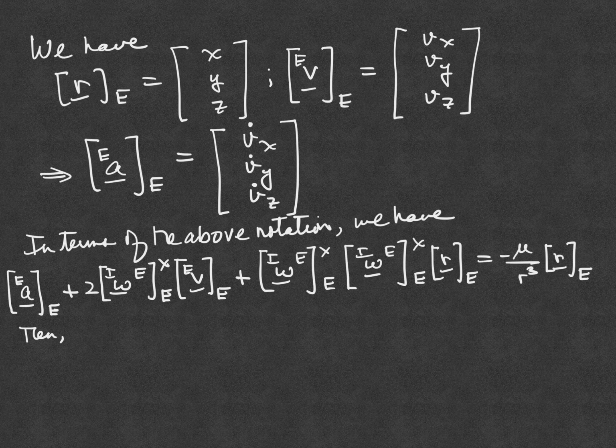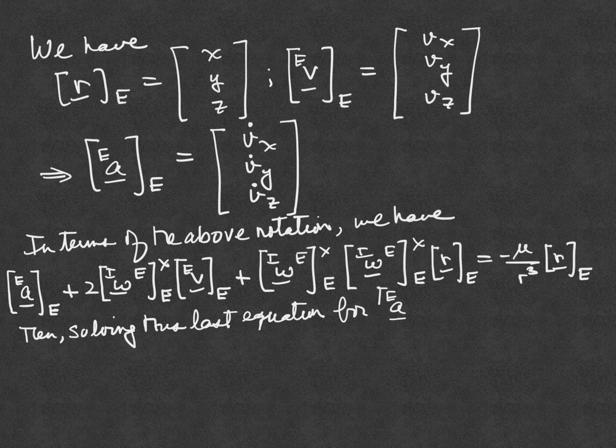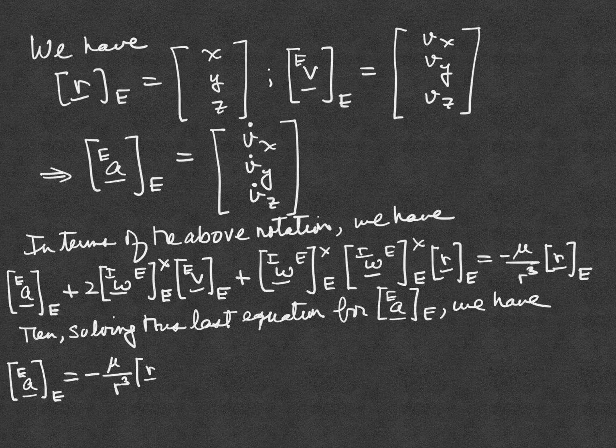So then, solving the last equation for AE expressed in E, we have that AE, which is the Earth relative acceleration expressed in Earth-centered, Earth-fixed coordinates, is equal to minus mu over r cubed times r expressed in E. That's the first term.